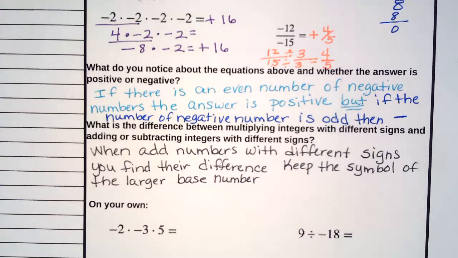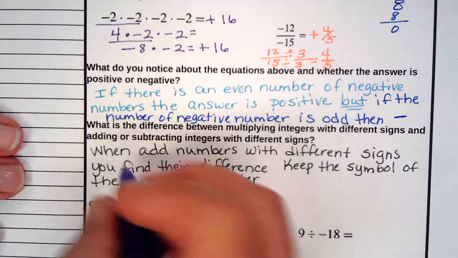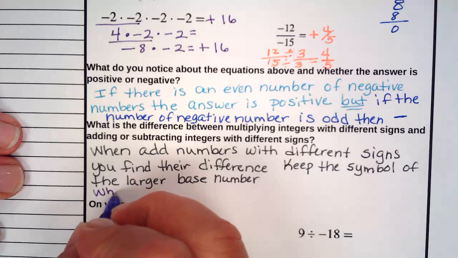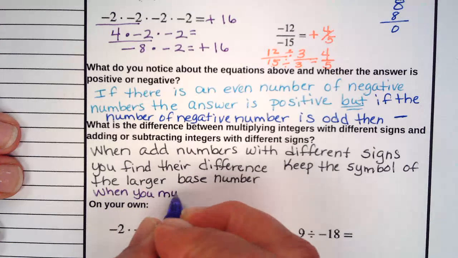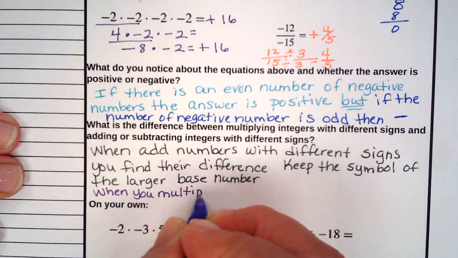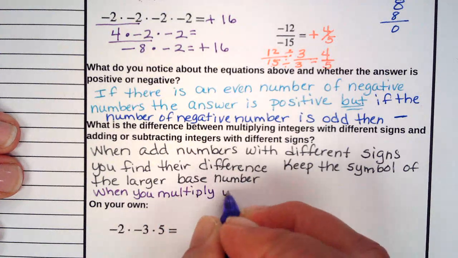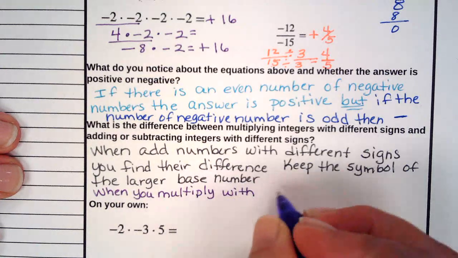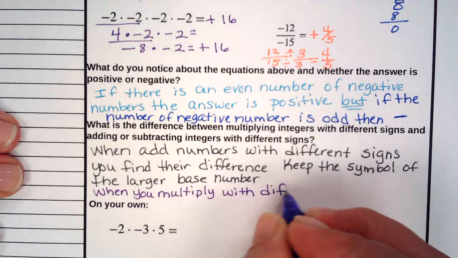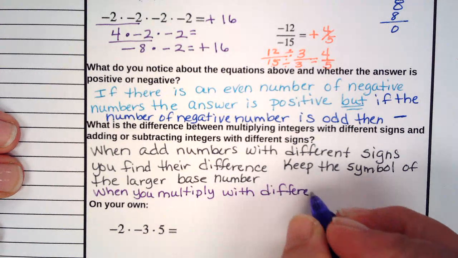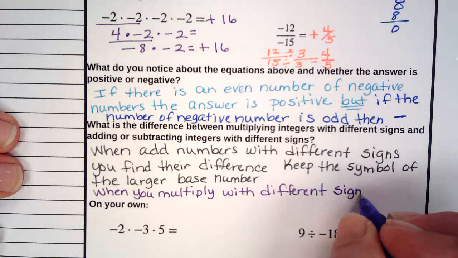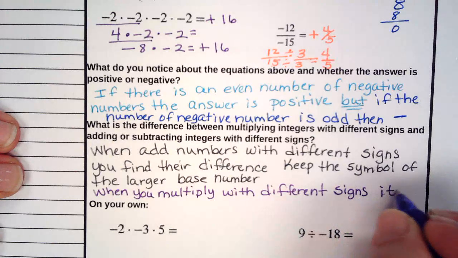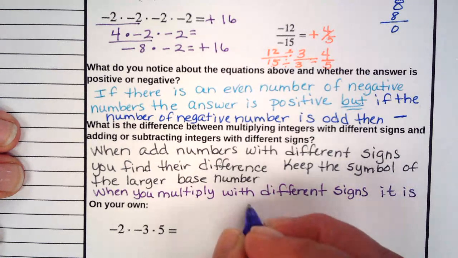Okay, when you multiply and your signs are different, it is always negative.